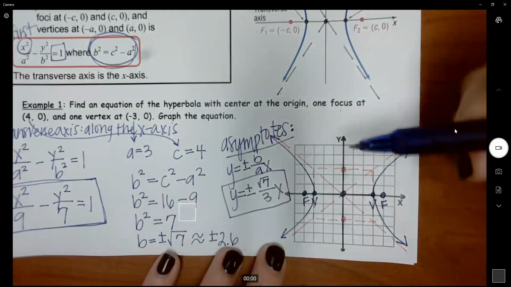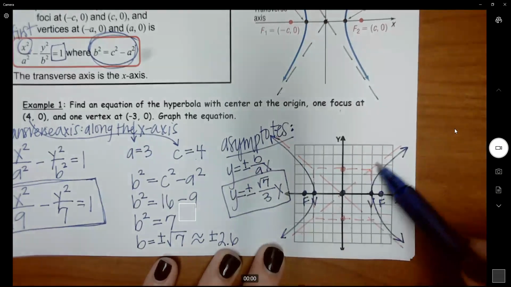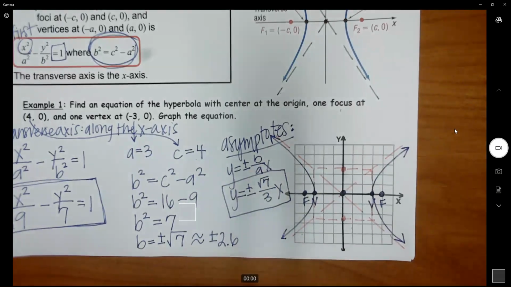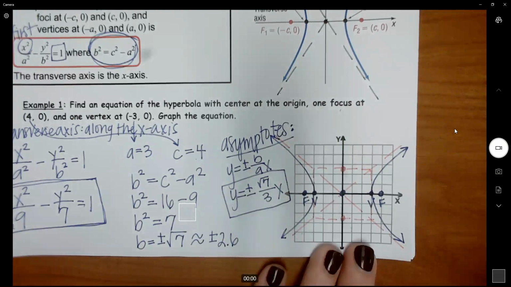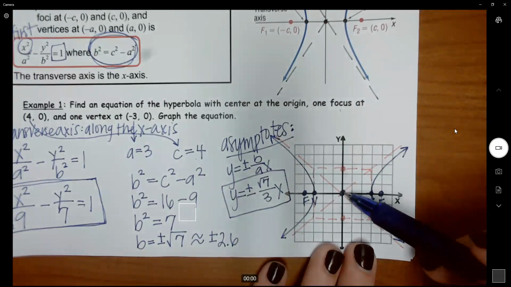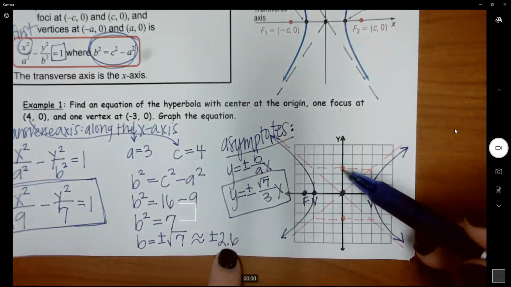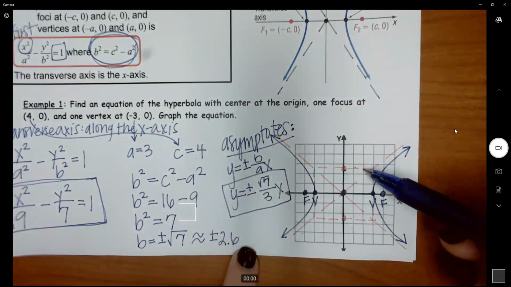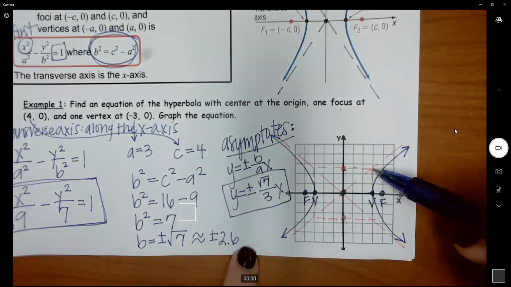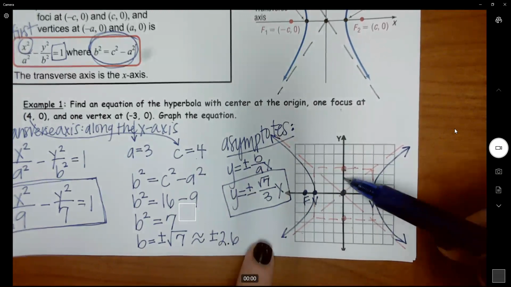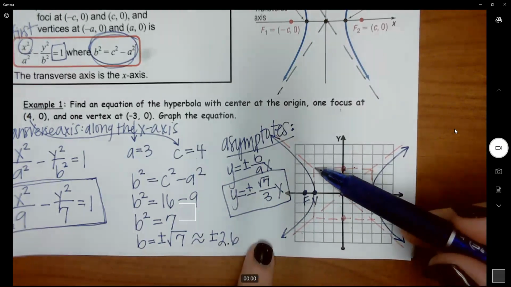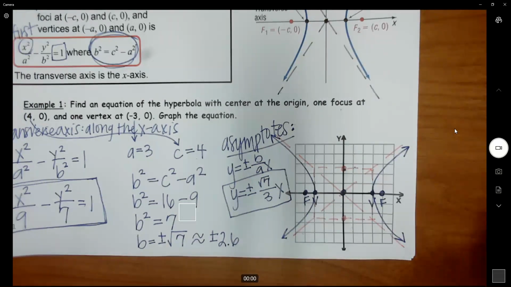So the equations for both of these two asymptotes are plus or minus square root 7 over 3, which should kind of make sense. If I start here at the origin, I'm going up square root 7, which is about 2.6, and then I am running 1, 2, 3 units. Or I'm going up square root 7, and I'm going negative 3 units. So that's just the slope of my line.